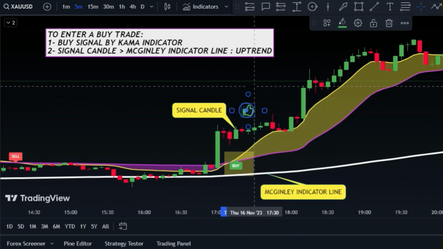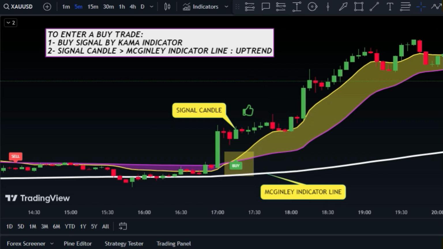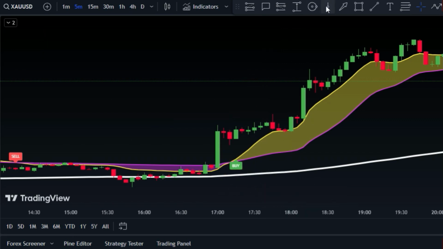If the signal meets these conditions, we consider it confirmed and enter a long trade.